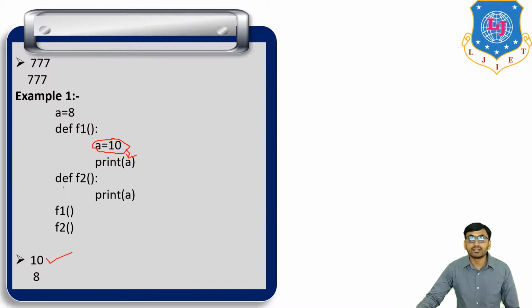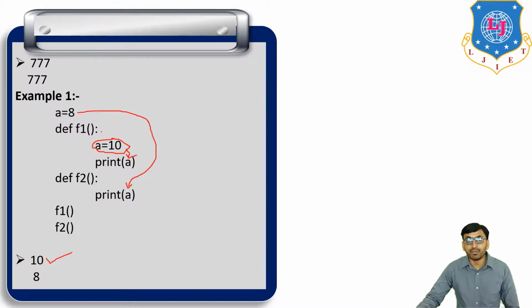Then the second function, def f2, and print a. So this is not a is equal to 10, it is a is equal to 8. This global value is transferred here, because in this function we do not provide a value for a.